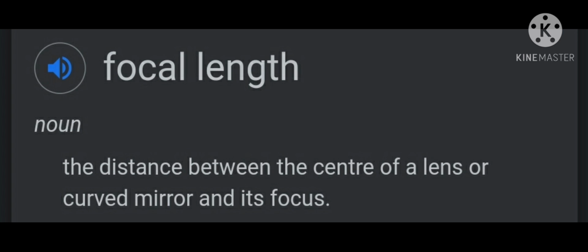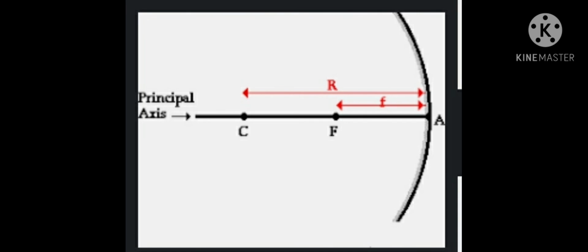The next term is focal length. It is denoted by the small letter f. The distance of focus from the pole is known as focal length. That means the distance from P to capital F, pole to focus, is known as focal length. In the case of curved mirrors, the focus lies in between the pole and center of curvature.